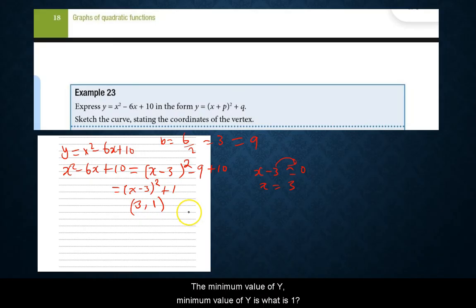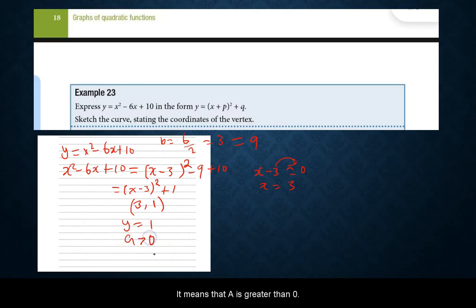The minimum value of y is what? It is 1. It means that a is greater than 0.